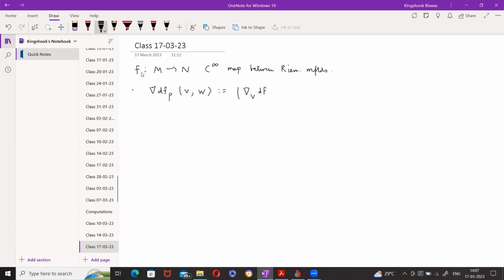This becomes a linear map from TpM to T_F(p)N, which acts on W to give you an element of T_F(p)N. V and W are in TpM. And we saw that this was symmetric, so this is a symmetric bilinear map.